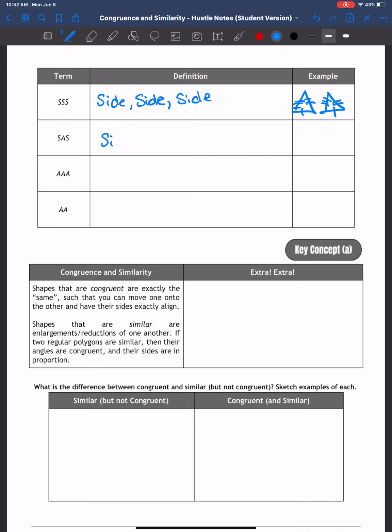You have side, angle, side, which in two triangles means side congruent, angle congruent, side congruent.